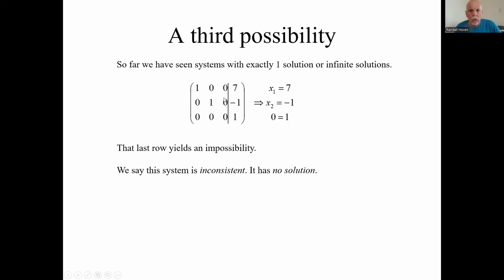But even as is, even before I would eliminate these two, what does this say? When I take it back to a scalar equation, it says 0 equals 1. That's impossible. It's an inconsistency. This system is inconsistent. It has no solution. It leads to a conflict.